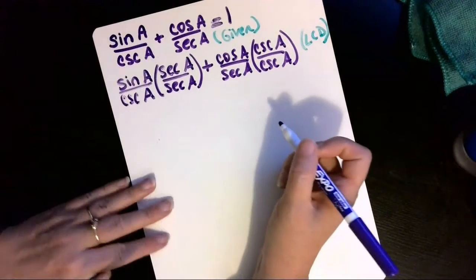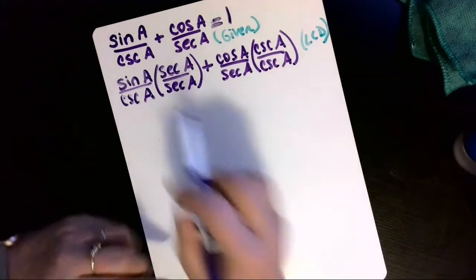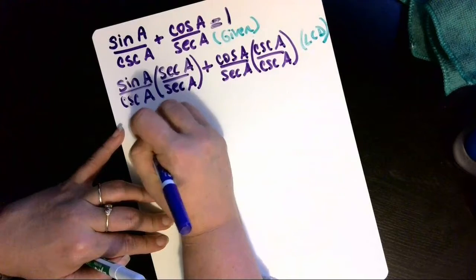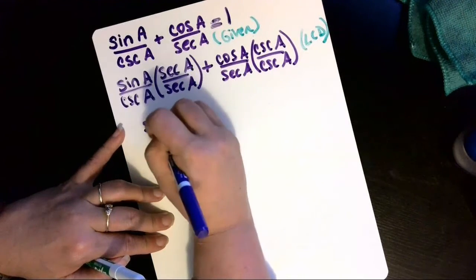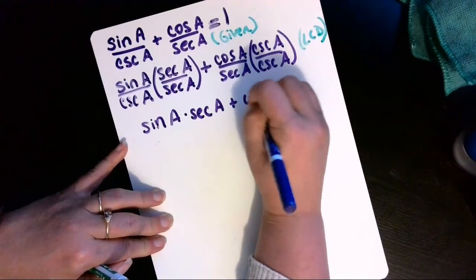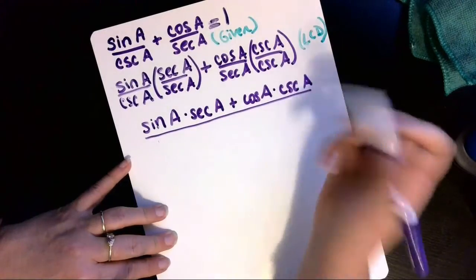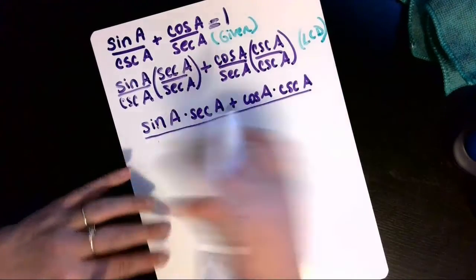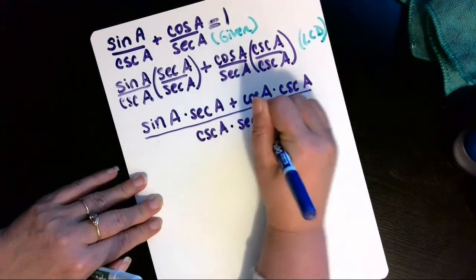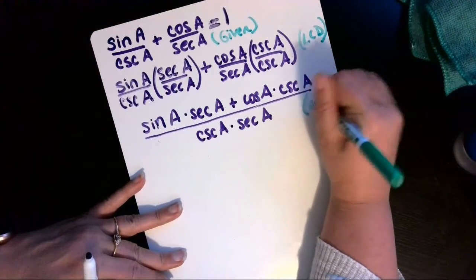Okay. Then in the next step, we want to simplify these, and in our numerator, then we would have sine of a times secant of a plus cosine of a times cosecant of a, that would be the new numerator, all over, and since we're adding these fractions, that is all over the common denominator, cosecant of a times secant of a. And that was addition.